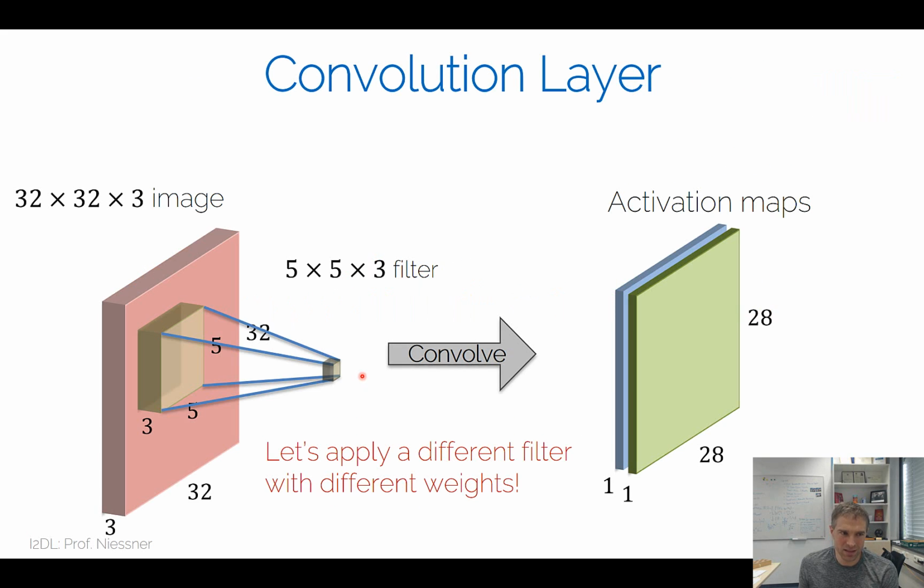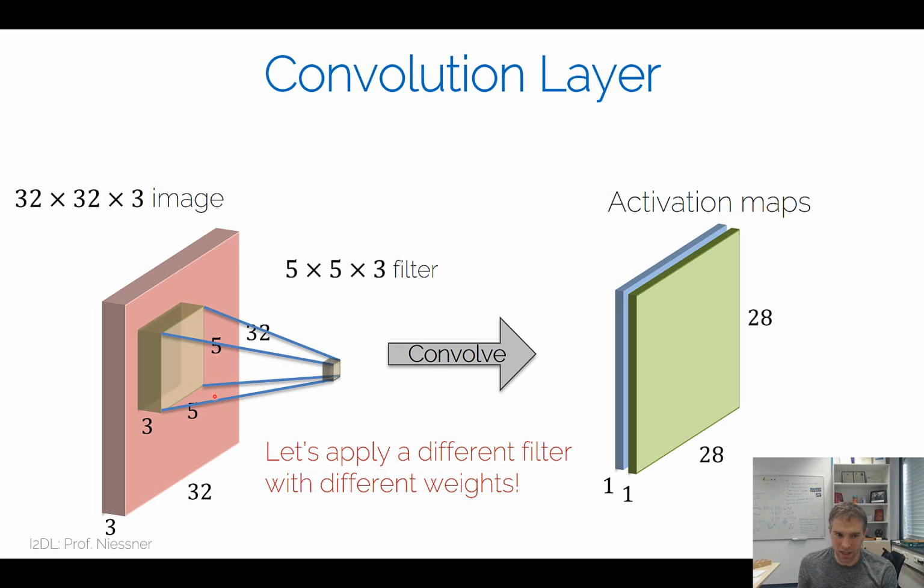So now the idea is, what we had right now was one filter kernel. We applied it at every possible location in the image. And now what we do is apply a different filter kernel with different weights for the same spatial locations. I'm going to make this very simple right now. I'm just going to have 2 different filter kernels that I want to apply, with 2 sets of weights and the respective bias.